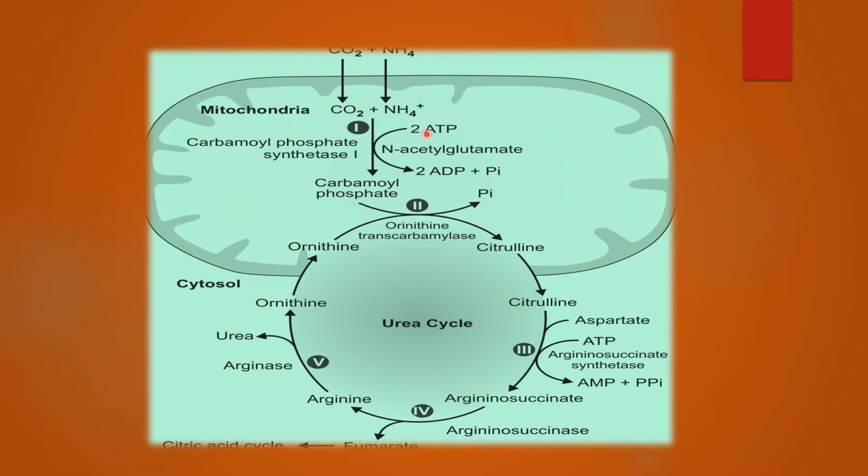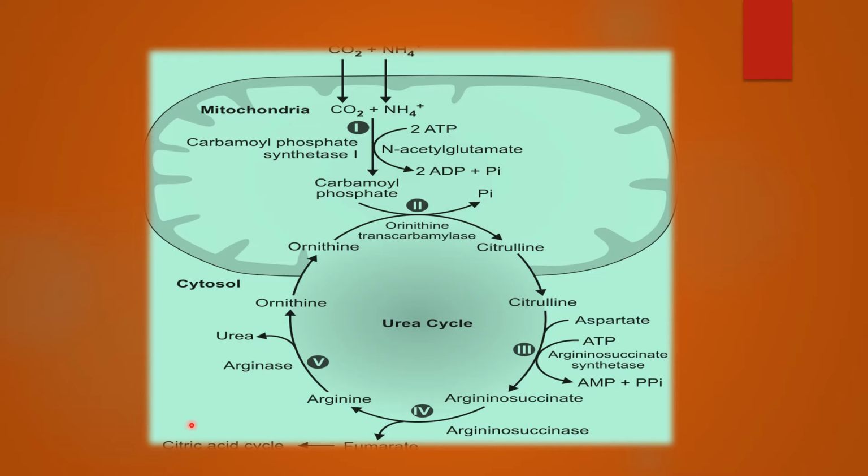In step 1 there is consumption of 2 ATP, plus the consumption of 2 ATPs here, because ATP is converting directly to AMP, so that is equivalent to 2 ATP. So a total of 4 ATP are consumed here, plus fumarate which is generated goes to the citric acid cycle.